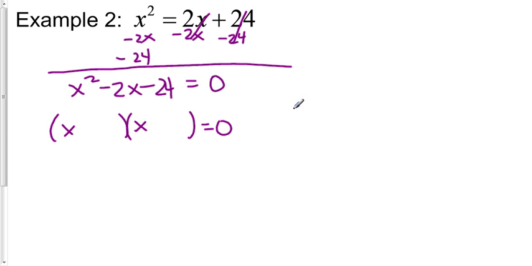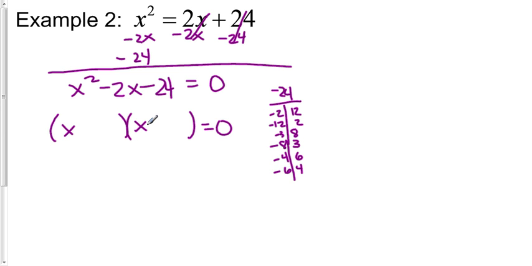Again, if you're stuck with these factors here, make yourself a table. What are some things that multiply to give me negative 24? Well, I've got 2 and 12, one's negative, one's positive. I've got 3 and 8, one's negative, one's positive. I've got 4 and 6, negative 4 and 6, or negative 6 and 4. And you look at your possibilities.